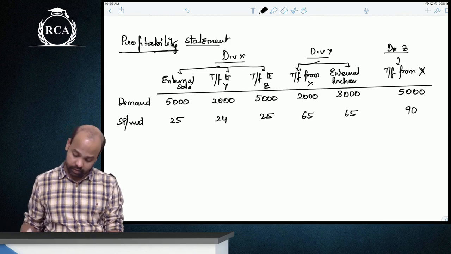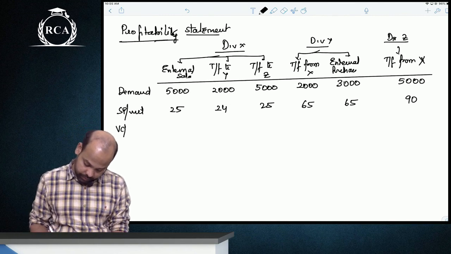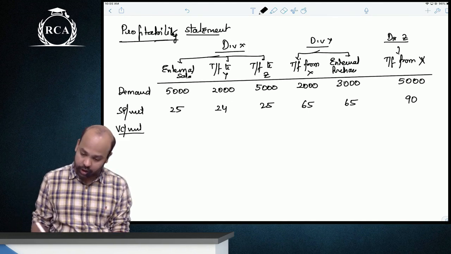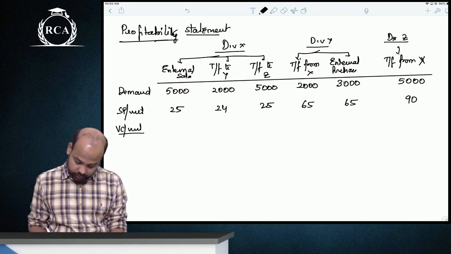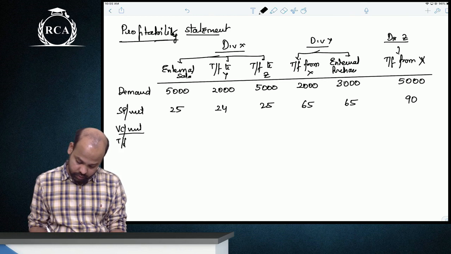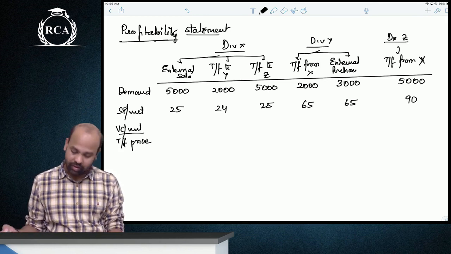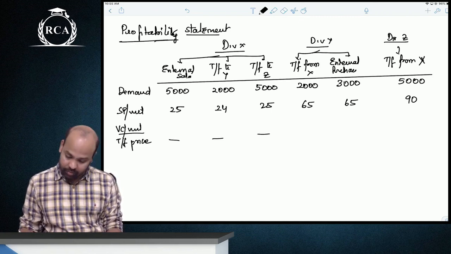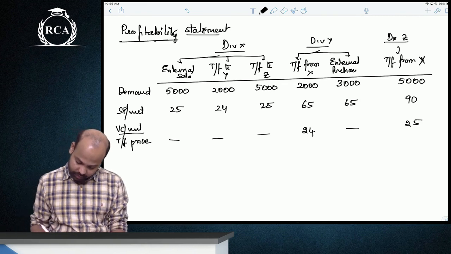90 rupees. The variable cost per unit, remember, we've already computed. We're doing all of it again in detail. The transfer price will not come here. Here they're procuring at 24 rupees, 25 rupees.